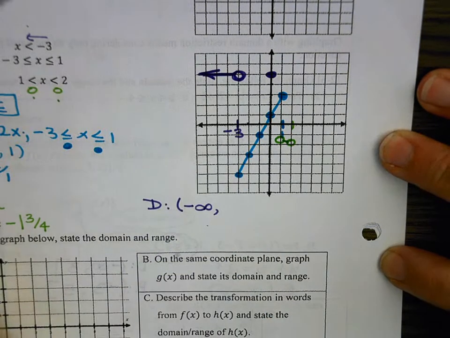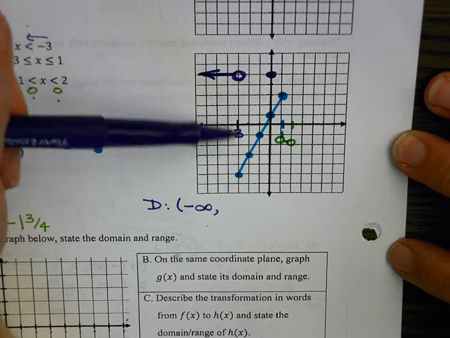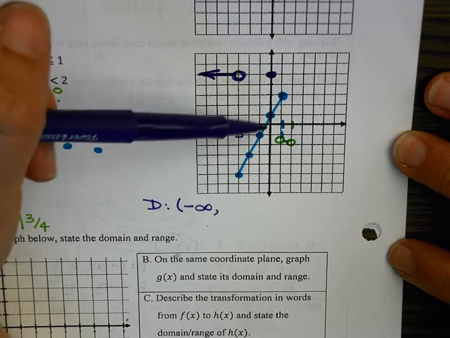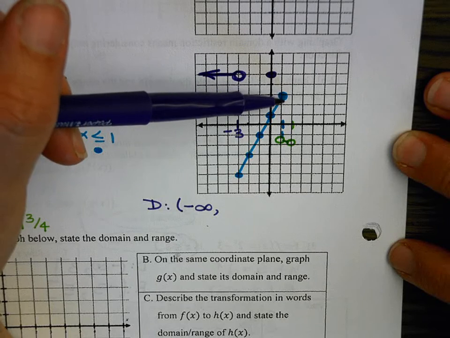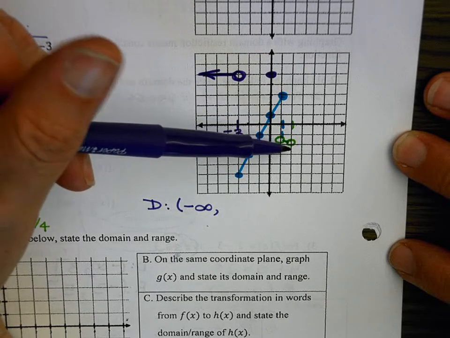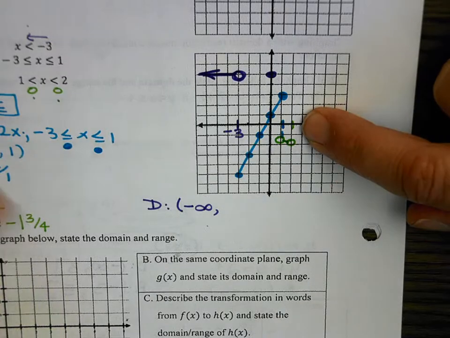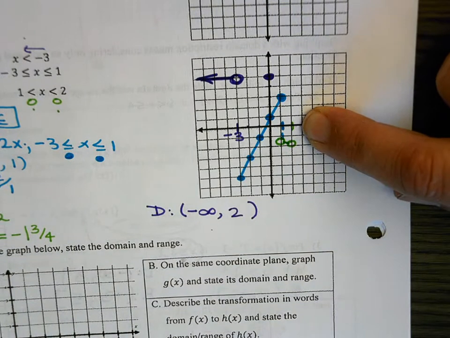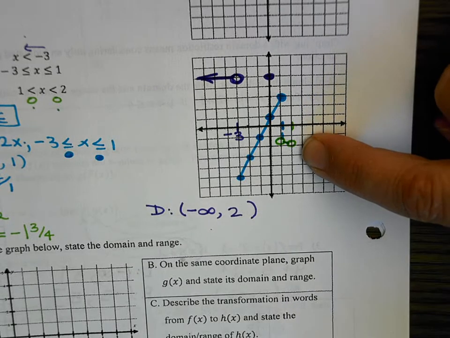And then even though it stops here at -3, there's also a closed dot at -3. So then that's part of my domain. And then a closed dot here. So even though there's an open dot, there's a closed dot here. And then the furthest it goes is 2. And it's an open dot, so parentheses. So at 2, there's an open dot.